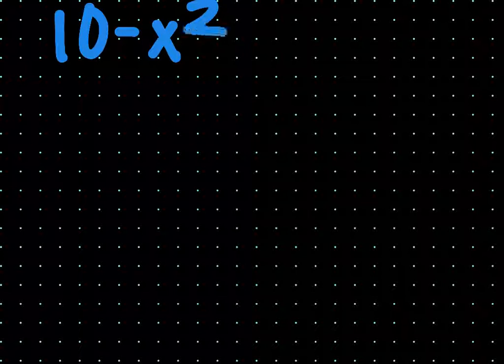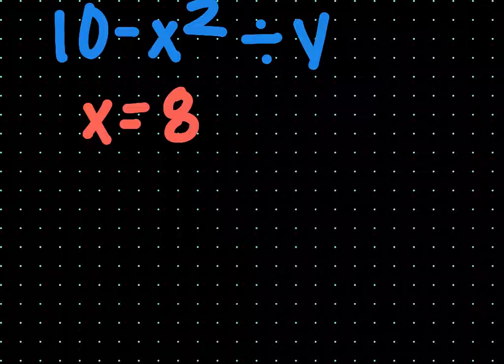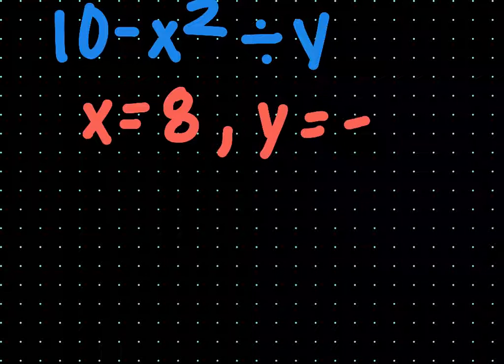So the example they have in your book is 10 minus x squared divided by y when x equals 8 and y equals negative 4.